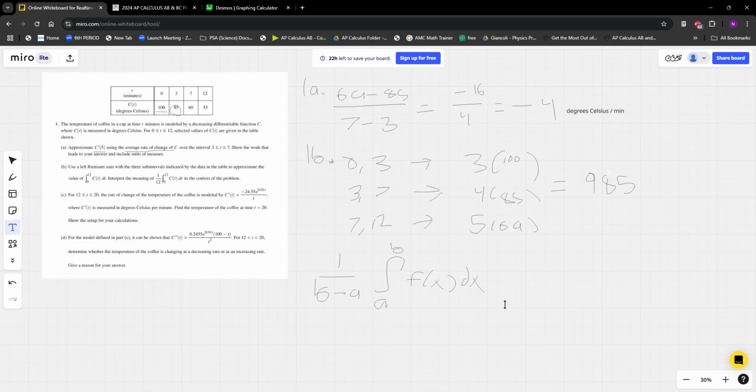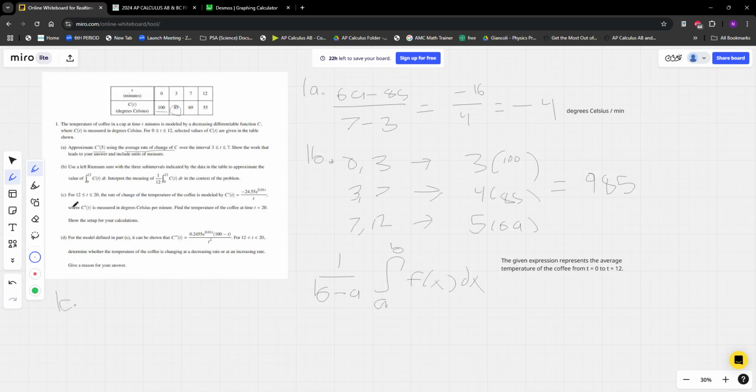So really the answer is the given expression represents the average value. It represents the average temperature of the coffee from t equals 0 to t equals 12. Okay, so that's 1B.